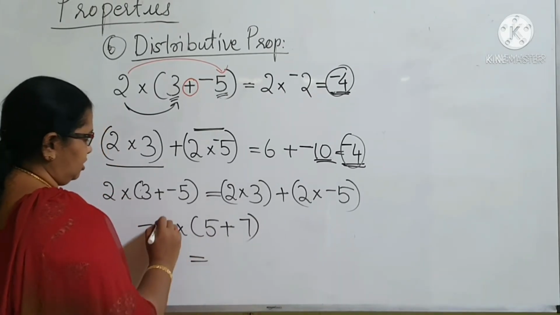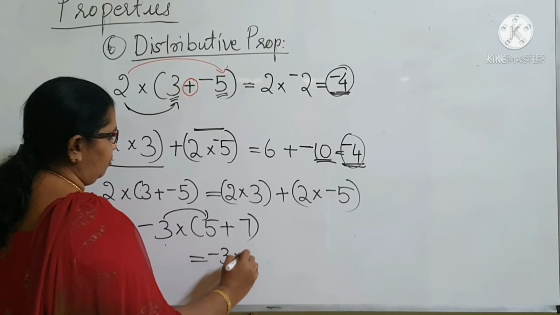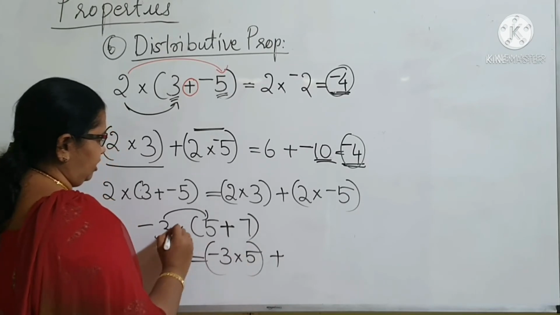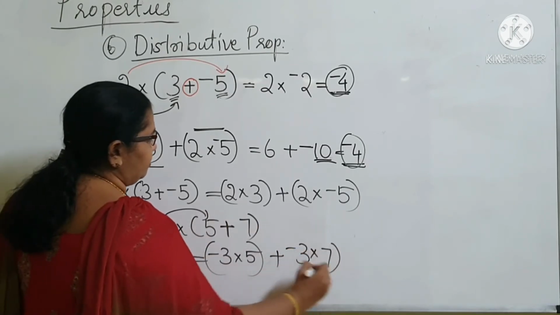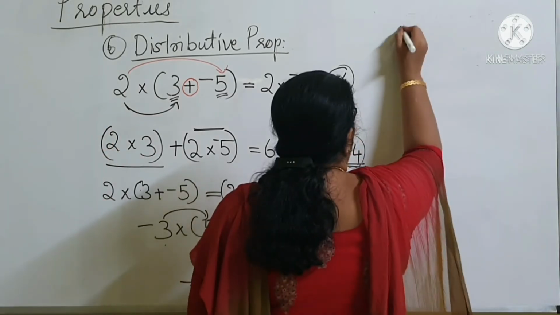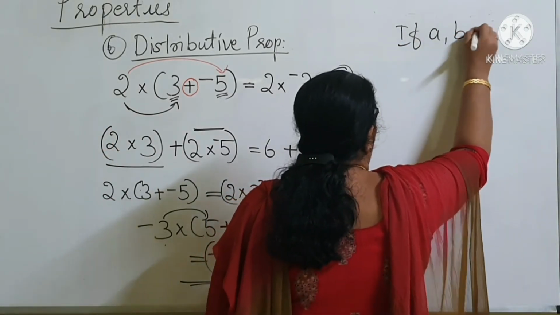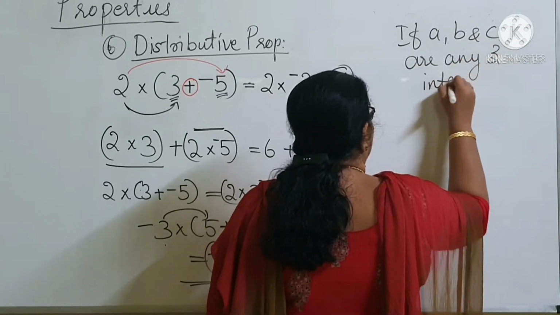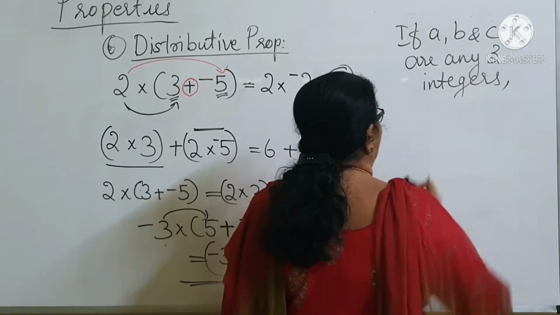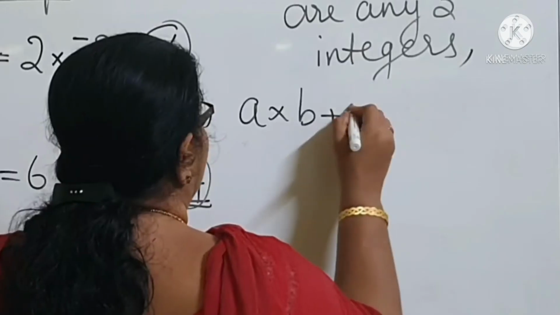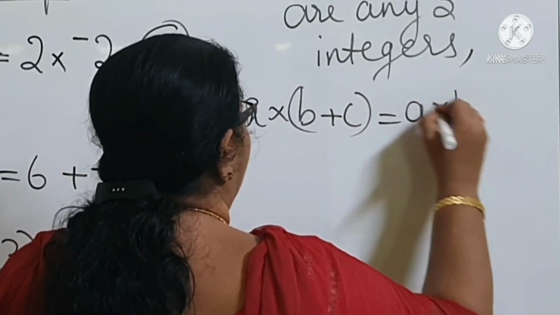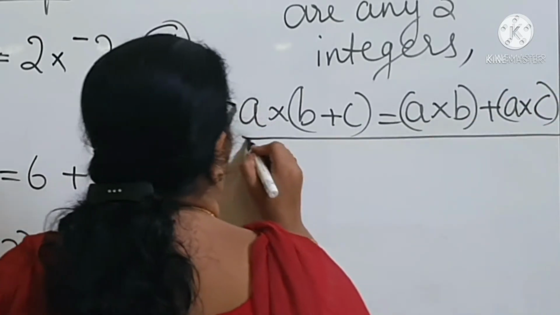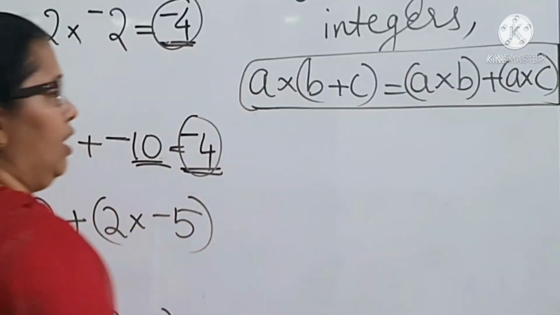We can write this as negative 3 into 5 plus negative 3 into 7. So generally, if A, B and C are any 3 integers, then A into B plus C is equal to A into B plus A into C. That is the distributive property over addition.